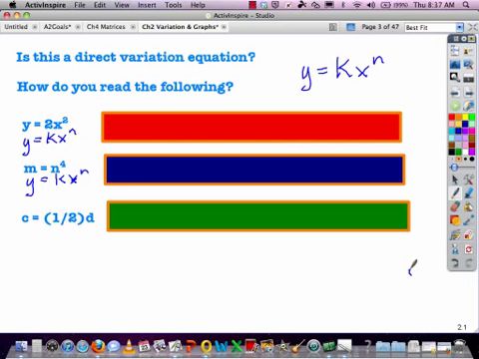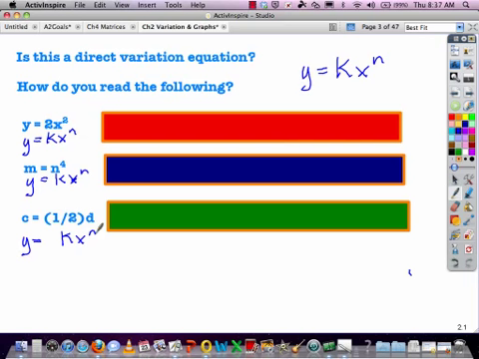And last but not least, y equals k x to the n. Start looking at this one. Again, they're using different variables, so c and d, that's legitimate. Our k value is a 1/2, a fraction. If you remember, I did not limit the size of k. It does not have to be a whole number. X to the n, our power of n this time is a 1.